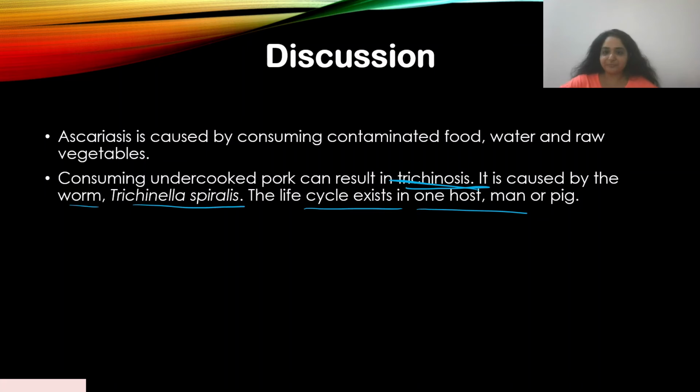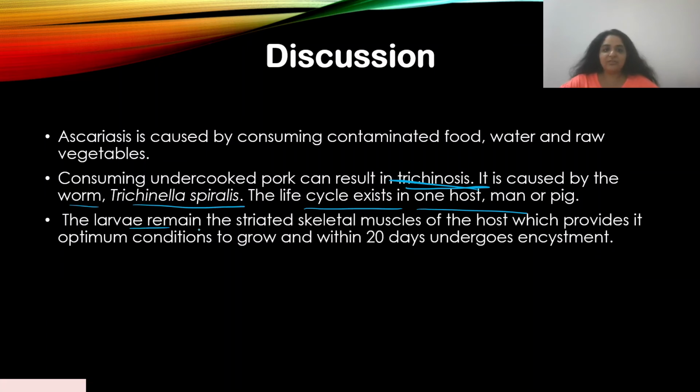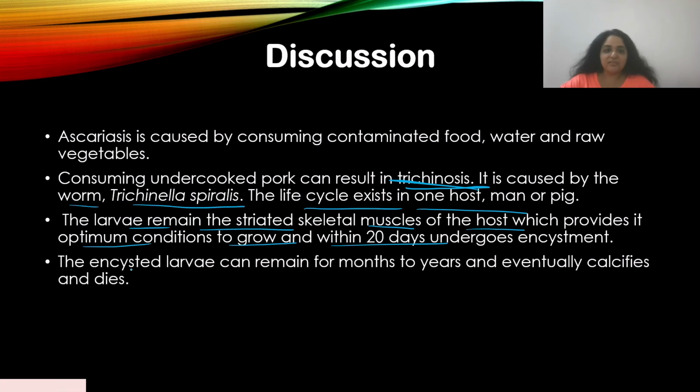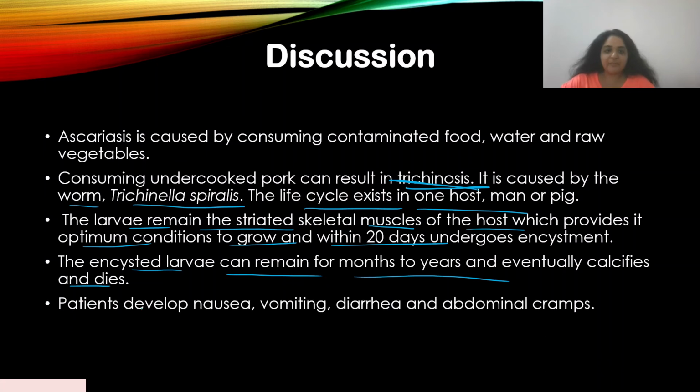The larvae remain in the striated skeletal muscles of the host, which provides optimum conditions to grow, and within 20 days undergo encystment. The encysted larvae can remain for months to years and eventually calcify and die. The patients develop nausea, vomiting, diarrhea, and abdominal cramps.